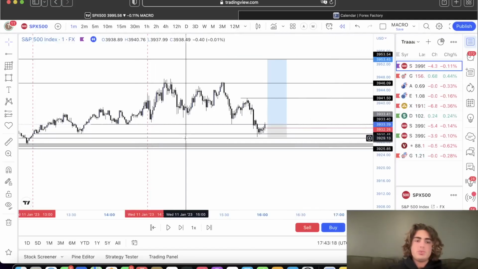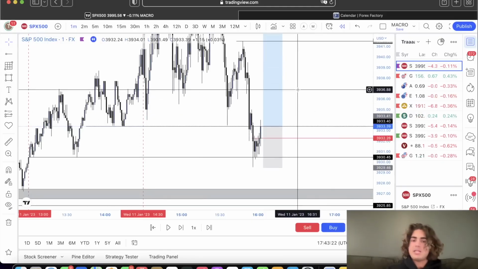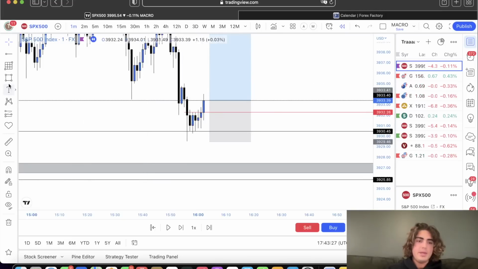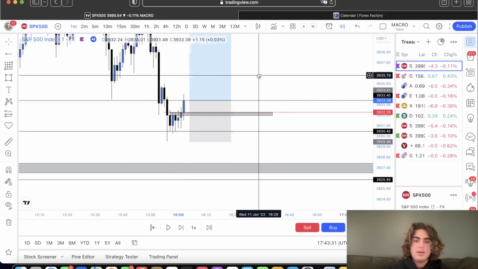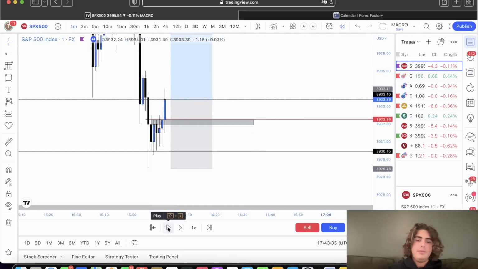Okay, liquidity sweep within our bias, break of structure within our bias. That's what we're looking for. We can see if price wants to come into this order block, but this is where we want to enter. Okay, let's play it.